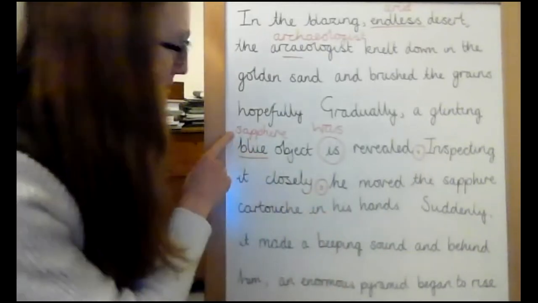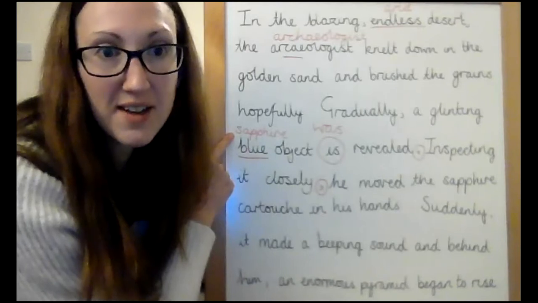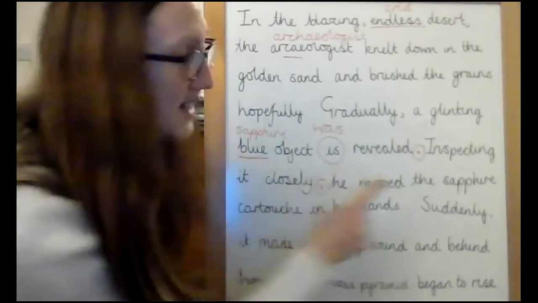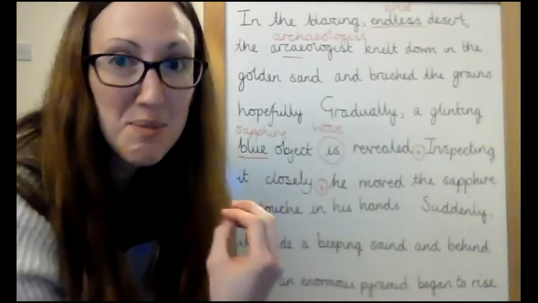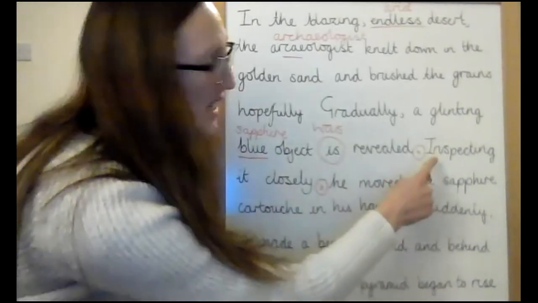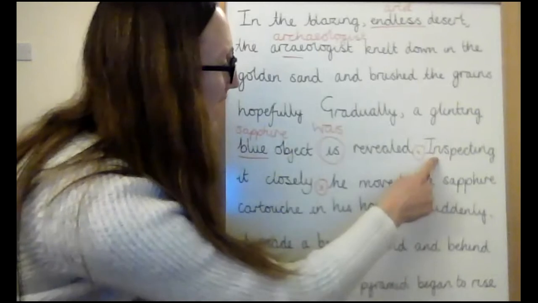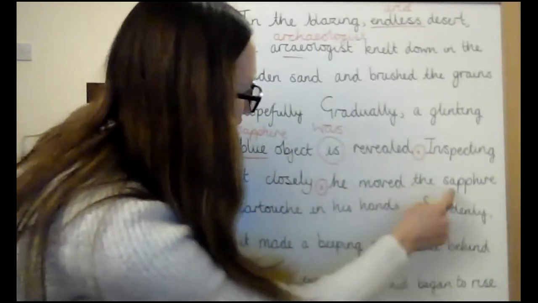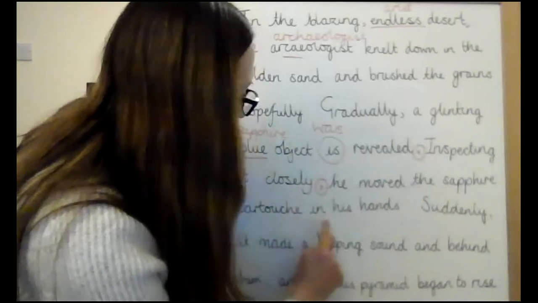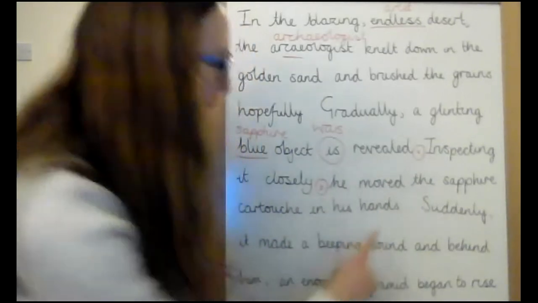So can you see how I've improved this word to sapphire? But if I read the next sentence, I've got sapphire again. I don't want to be repeating myself. So I need to change the word sapphire. Inspecting it closely, comma, he moved the sapphire cartouche in his hands.